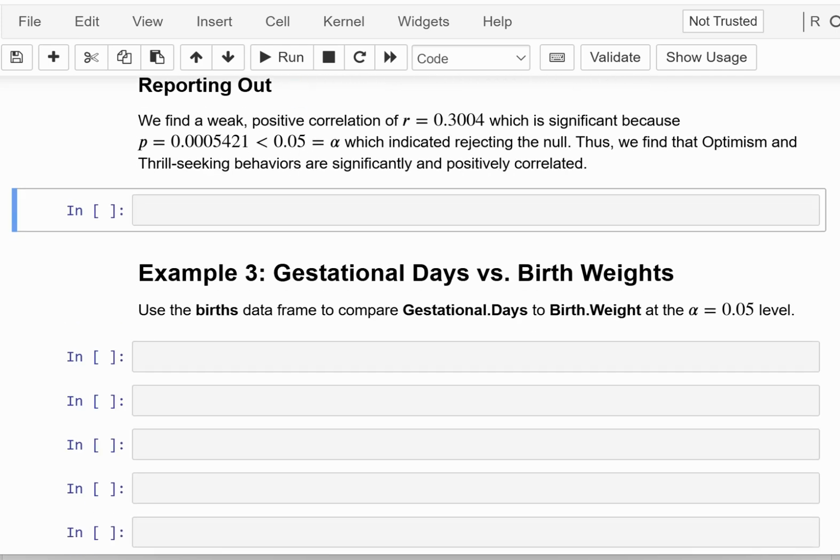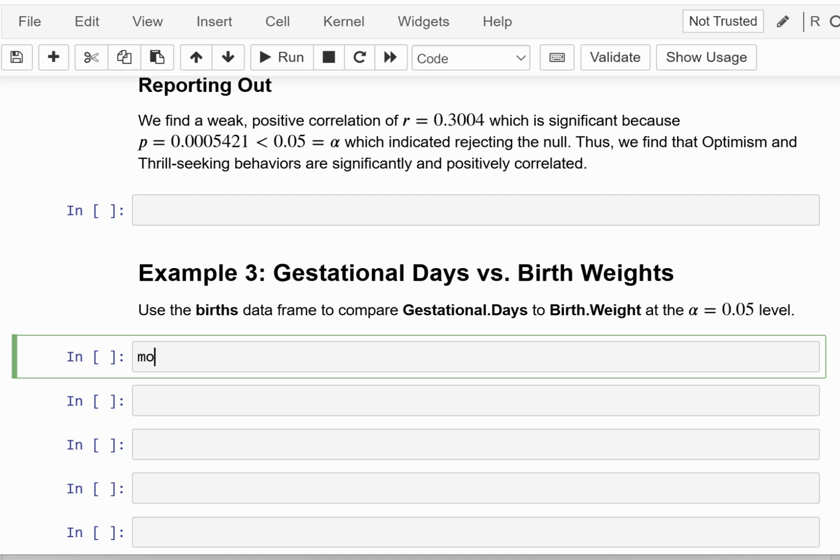And then gestational days versus birth weight. We're going to do the same thing, only this time I'm going to call it mod 3. And what is the model we're making? We are doing gestational.days tilde birth.weight, which makes sense. Gestational days, the length of the pregnancy in days, and birth weight.